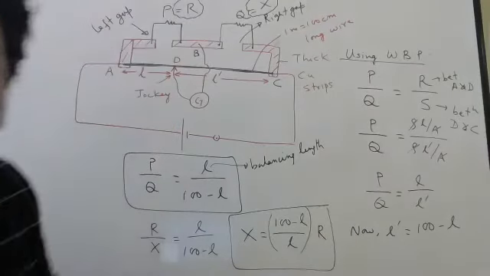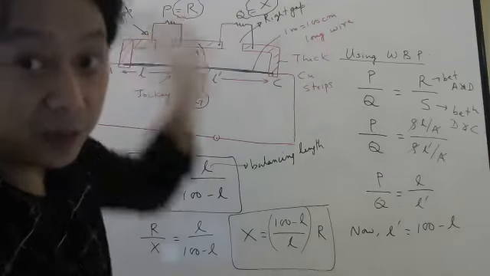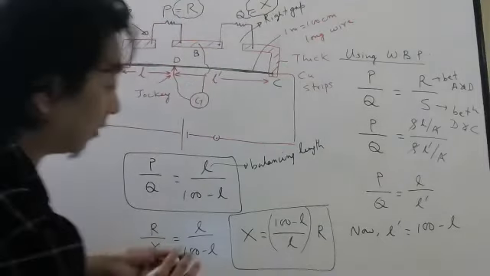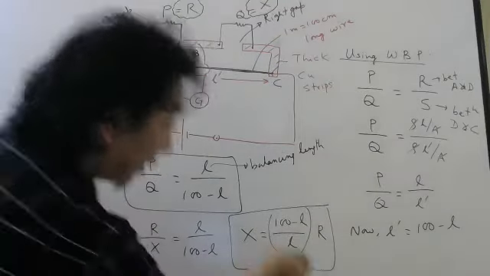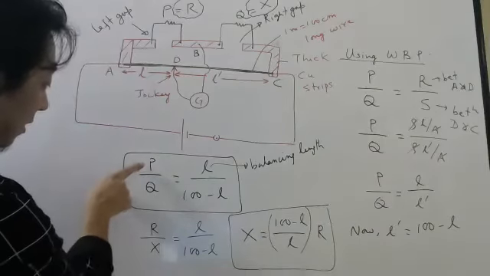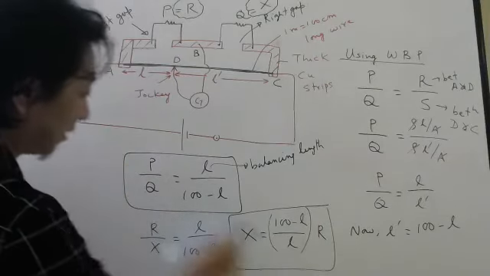Okay, you can also try the reverse. Put X here, X meaning the unknown resistance, and here you put the known resistance. Then the formula will be L by 100 minus L. It will become reversed. If this is the known resistance and this is the unknown resistance, then cross multiply and you will get this formula.